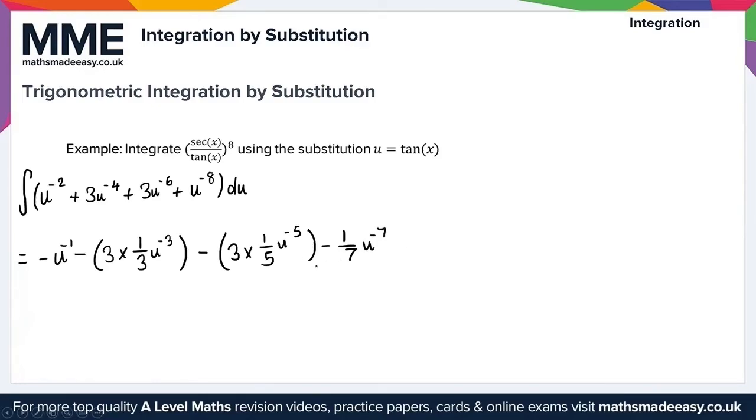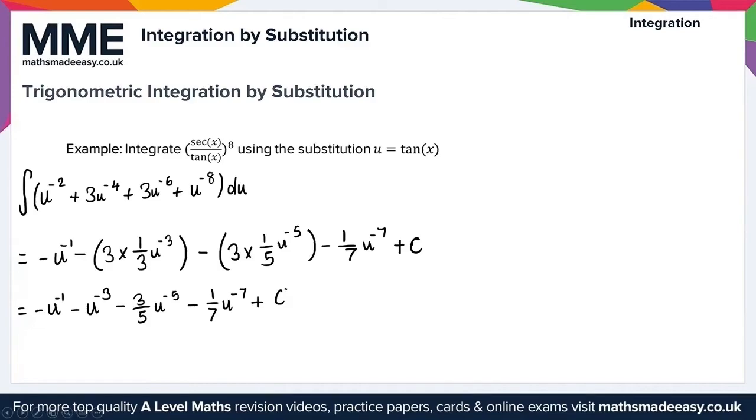And don't forget our constant of integration. We have no limits, so we need plus c. We can simplify this to give minus u to the minus 1 minus u to the minus 3 minus 3/5 of u to the minus 5 minus 1 over 7 u to the minus 7, and don't forget our plus c here.